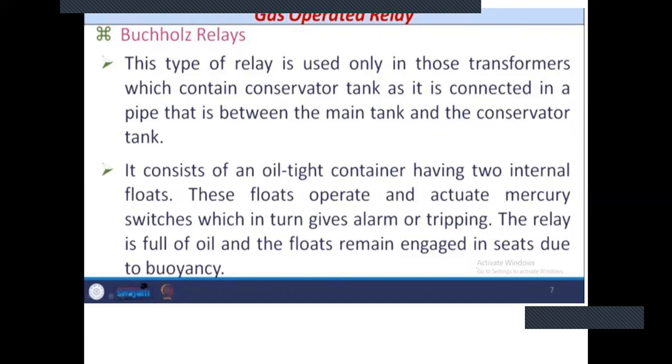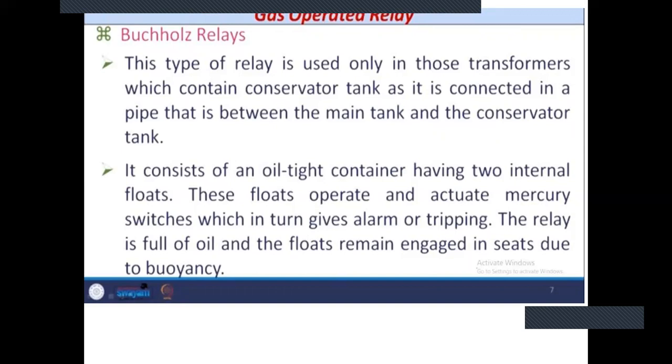So there are two floats. One float is known as the upper float, and the other float is known as the lower float.